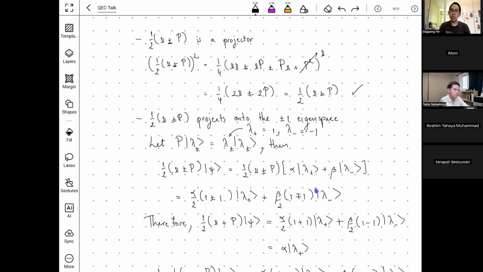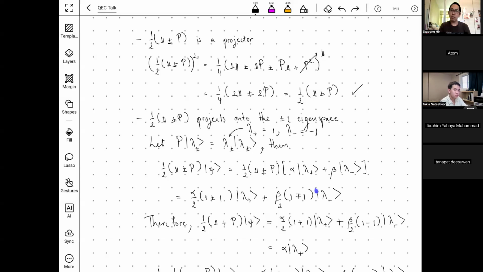Did you mention anywhere before that P has to be a Pauli operator? Yes, P has to be Pauli, that is why it is idempotent. Pauli operators square to 1, that's why I mentioned it earlier.